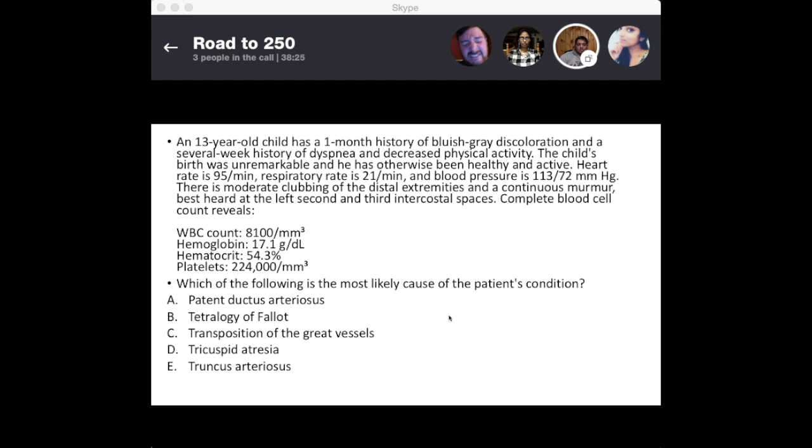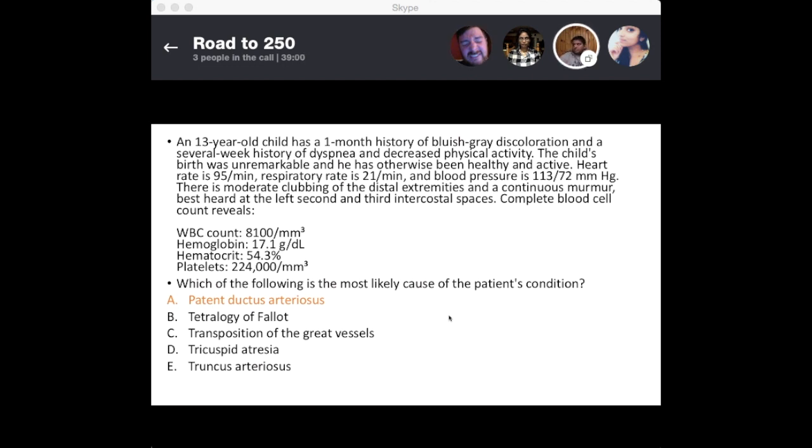There is moderate clubbing of the distal extremities and a continuous murmur best heard at the left second and third intercostal spaces. Complete blood cell count reveals a white blood cell count of 8,100, hemoglobin of 17.1, hematocrit of 54.3, and platelets of 224,000. Which of the following is the most likely cause of this patient's condition? A. You are correct.